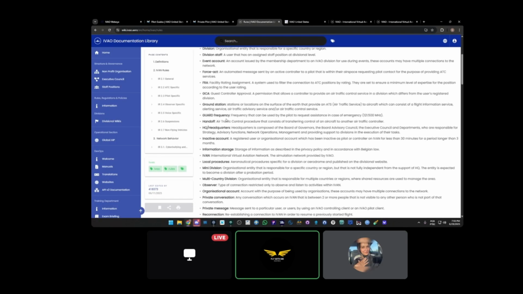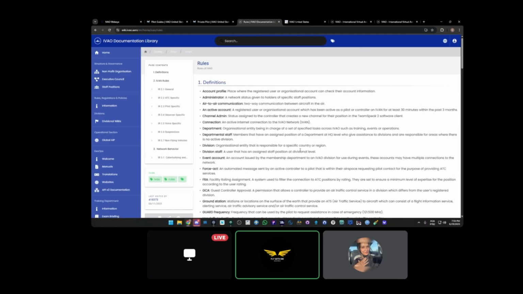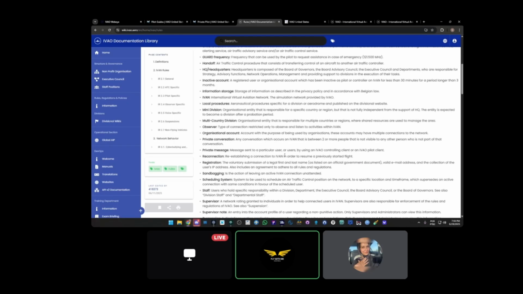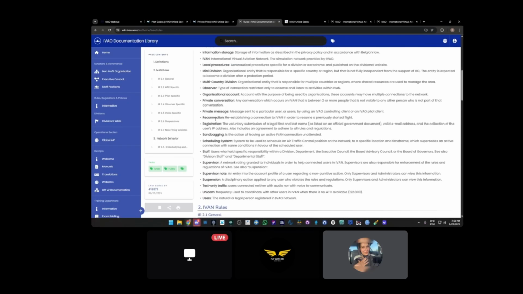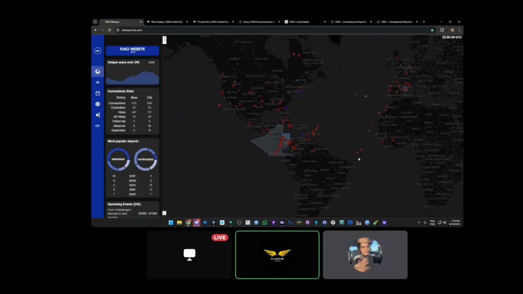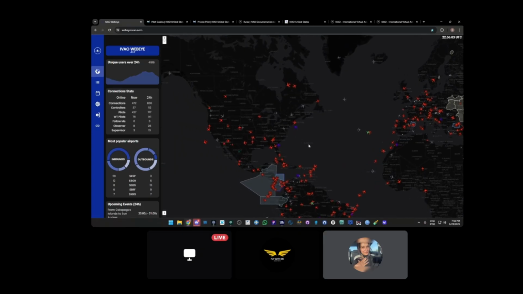For example, whenever you're flying, this is more for longer flights, you are allowed to take 15-minute breaks. And this is another link, the web eye, where we can see traffic online. Oh, nice.